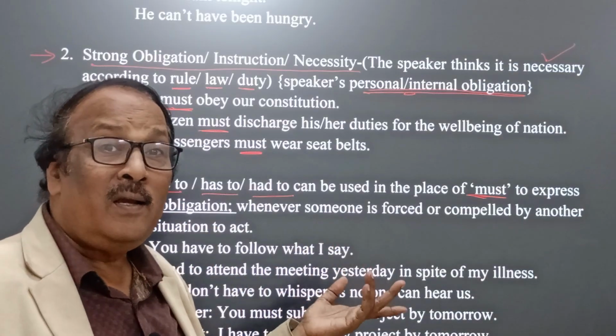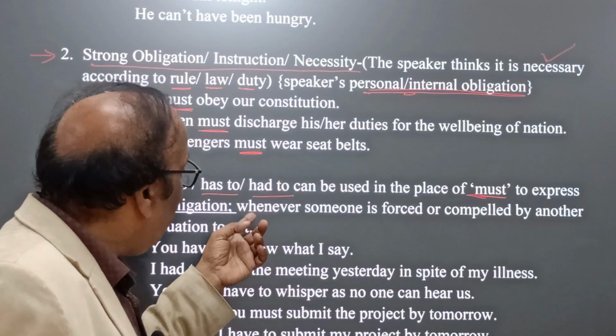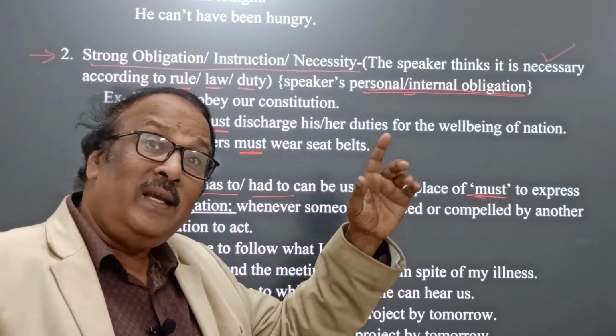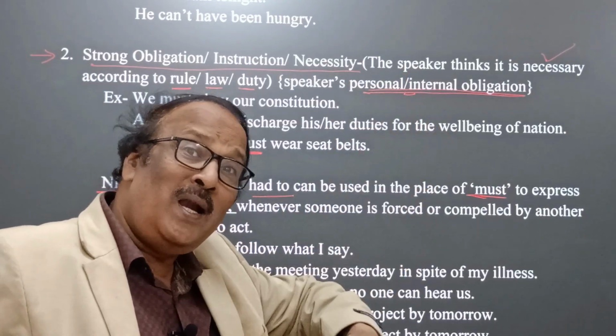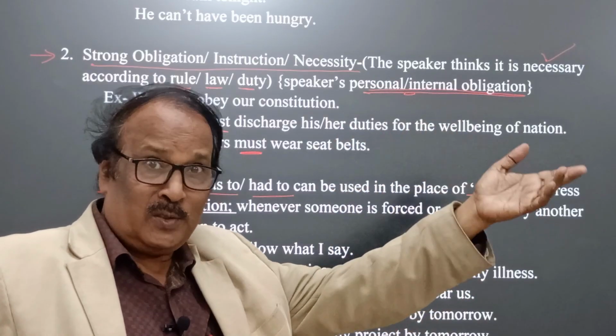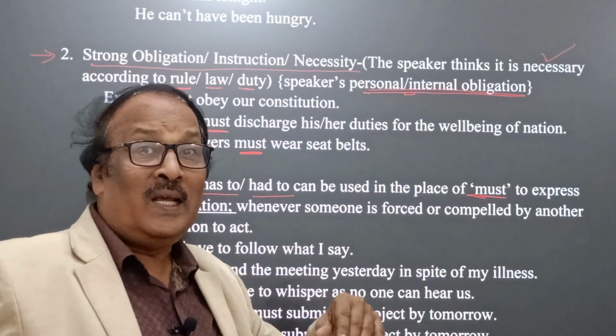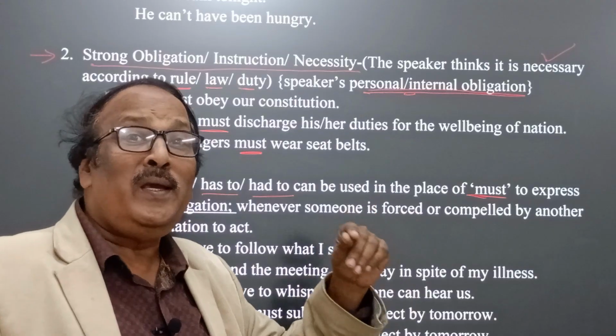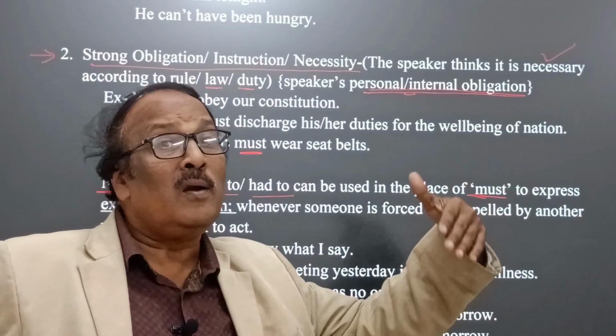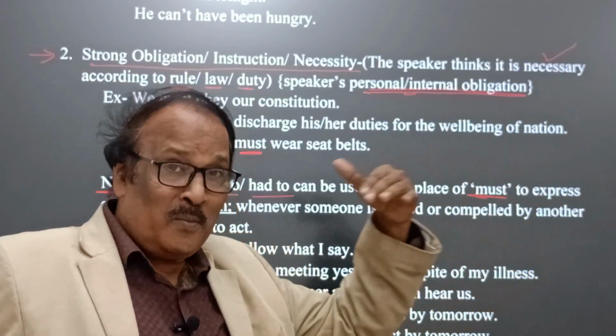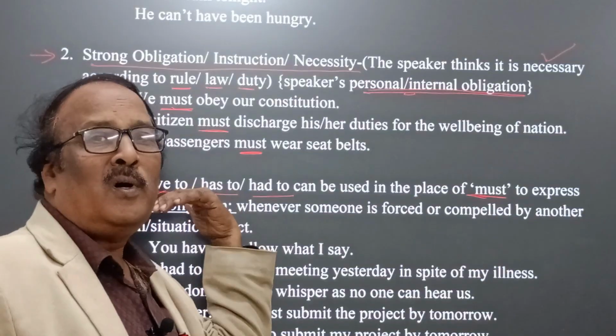And what is external obligation? Whenever someone is forced or compelled by another person or any situation, in that case we use have to and has to for present and future, but had to for past.